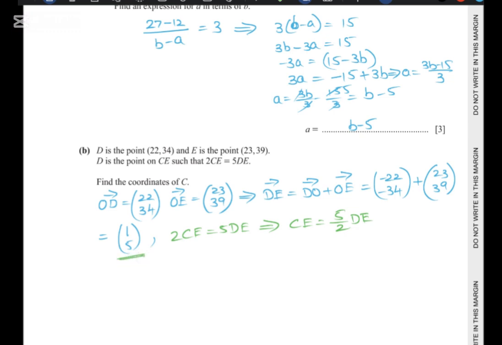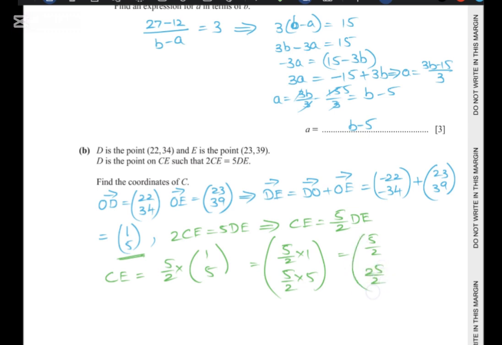This is DE, so CE will be 5 by 2 into the vector (1, 5). So this will be 5 by 2 into 1 and 5 by 2 into 5. That will give you 5 by 2 and 25 by 2.